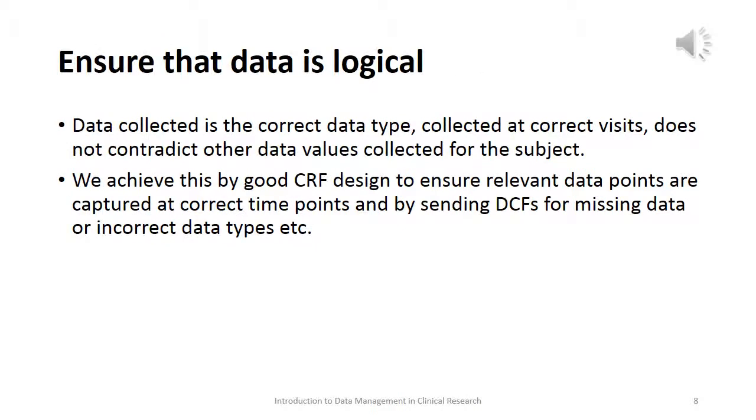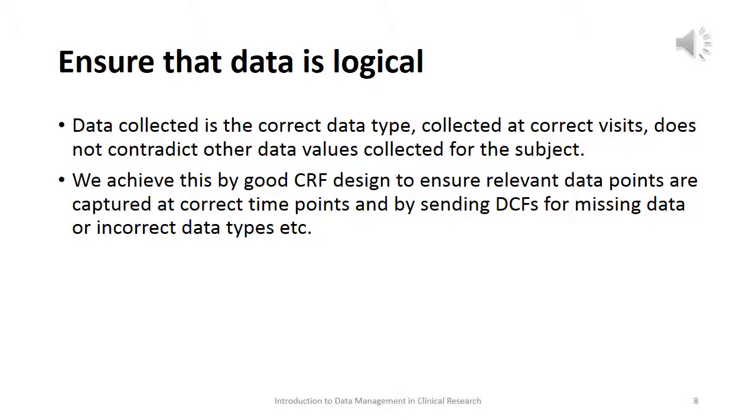So next we want to ensure that data is logical, that data collected is the correct data type, that it's collected at the correct visit, and that it does not contradict other data values that were collected for that subject. So every subject or each subject in the trial is going to have a series of visits that they come in, and we're going to collect specific data at that visit.